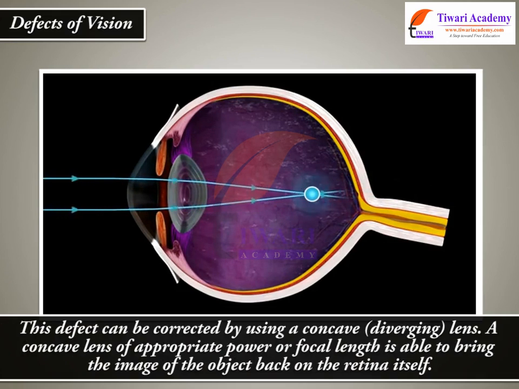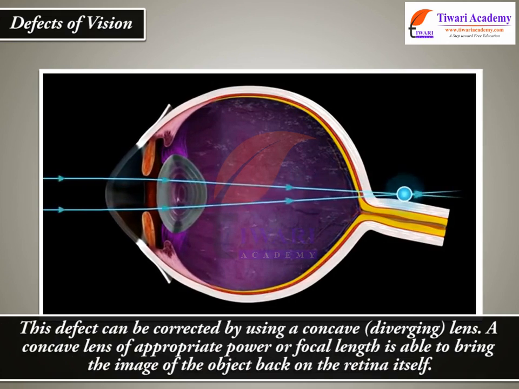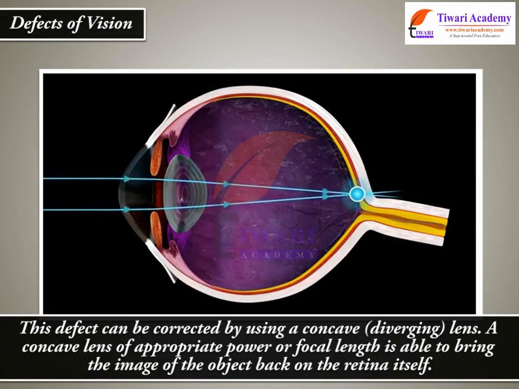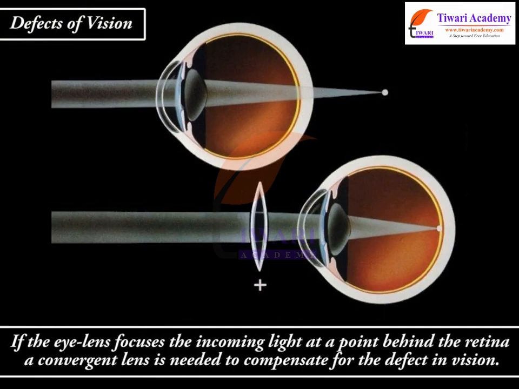A concave lens of appropriate power or focal length is able to bring the image of the object back on the retina itself. If the eye lens focuses the incoming light at a point behind the retina, a convergent lens is needed to compensate for the defect in vision.